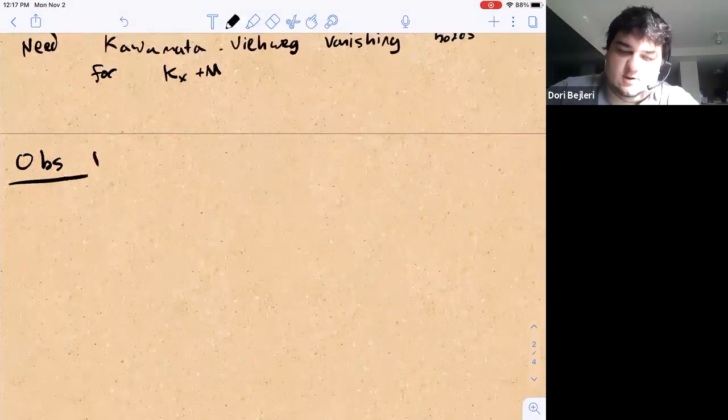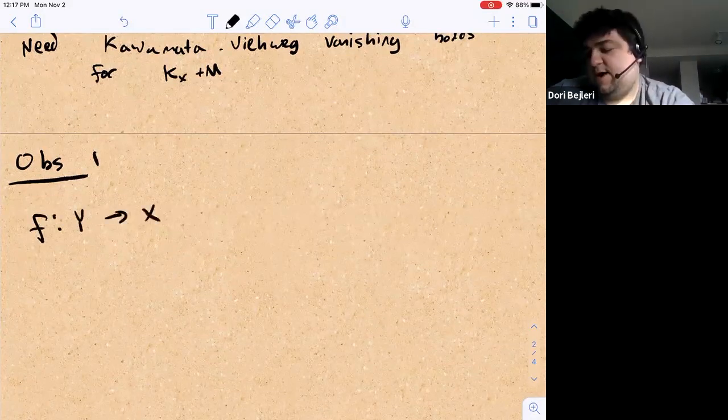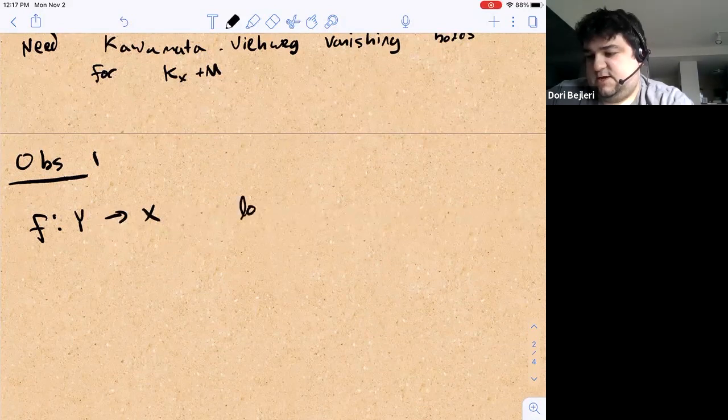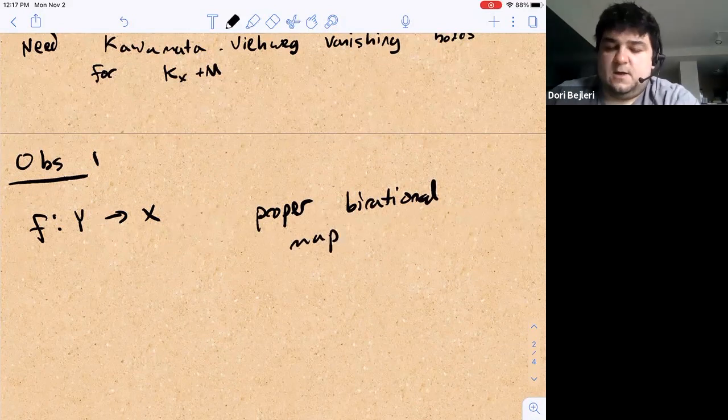So observation 1: let's take really any proper birational map. Above I assumed X was smooth, but in general X won't be smooth. So take some proper birational f.